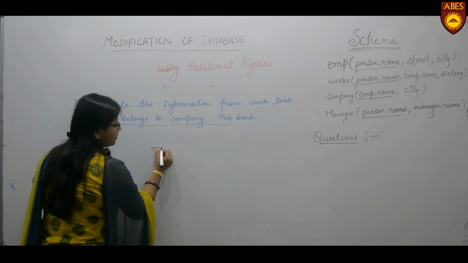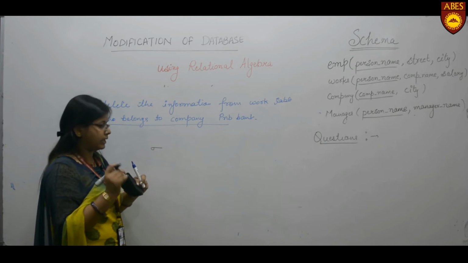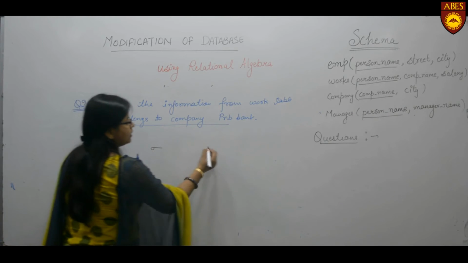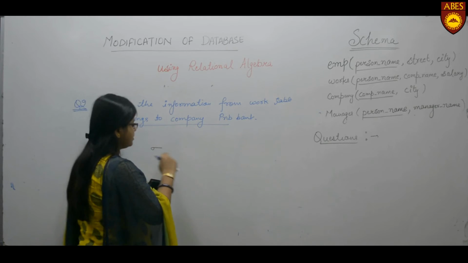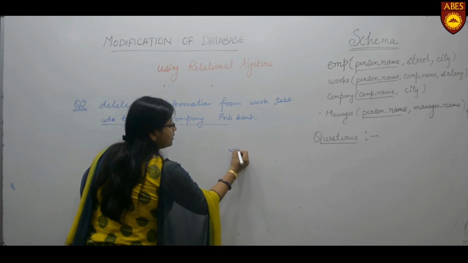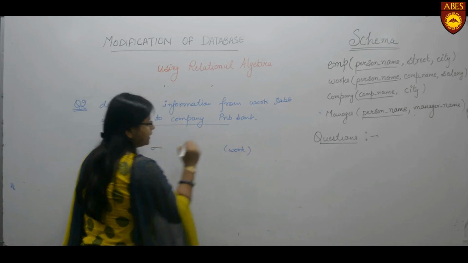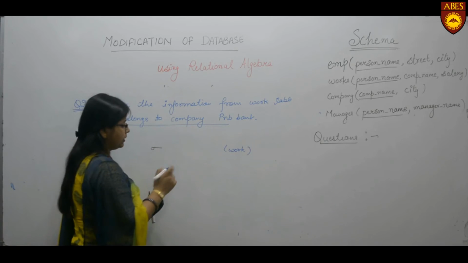So I'll be writing the sigma operator. Sigma is used to fetch the complete tuple from the existing relation. Sigma is applied on the works relation, since I want to retrieve the tuples from the works relation, and in the subscript we'll be writing the filter condition. The filter condition is company name is equal to PNB.